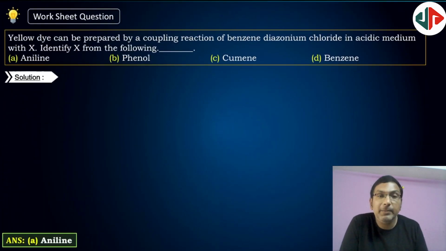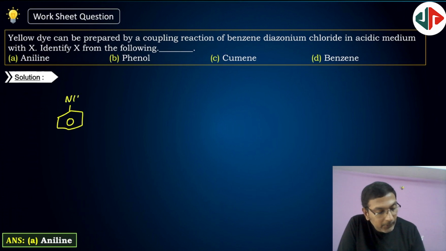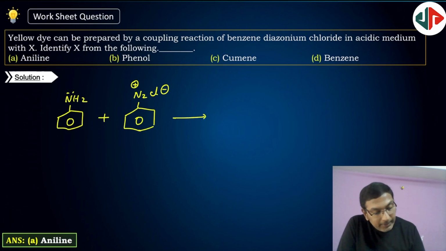Yellow dye can be prepared by coupling reaction of benzene diazonium chloride with some X. Identify X. So here benzene diazonium chloride and aniline. First I am taking aniline plus benzene diazonium chloride, N2 plus Cl minus, in acidic medium.